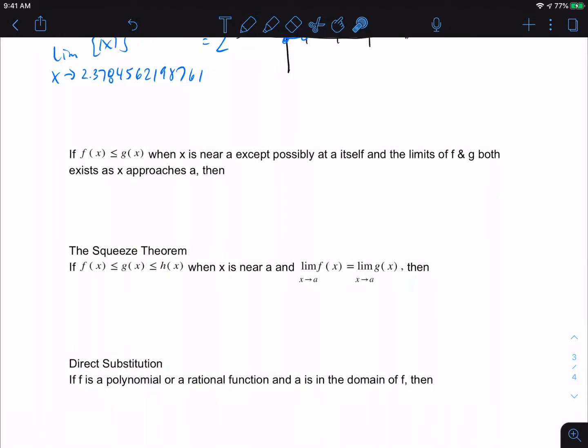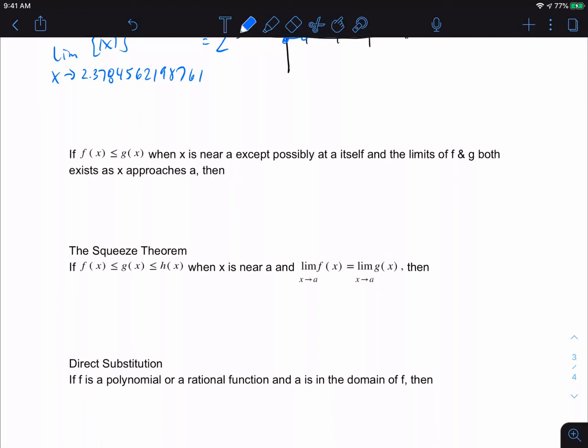So this problem right here says that if the function f of x is smaller than or equal to some function g of x, when x is near a, that means the number it's approaching, except possibly at a itself, and the limit of f and g both exist as x approaches a, then this must be true. I'm sure this doesn't make a lot of sense to you guys, but I'll draw it for you.